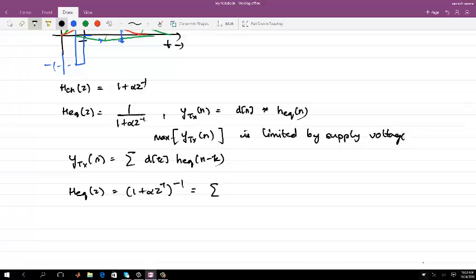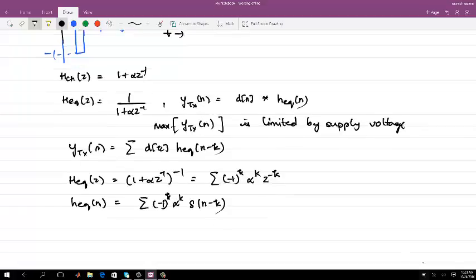This is equal to the summation of minus 1 power k alpha k z minus k. Everyone knows this is a binomial expansion, nothing more. So h equalizer of n is equal to the summation of minus 1 power k alpha k delta of n minus k.